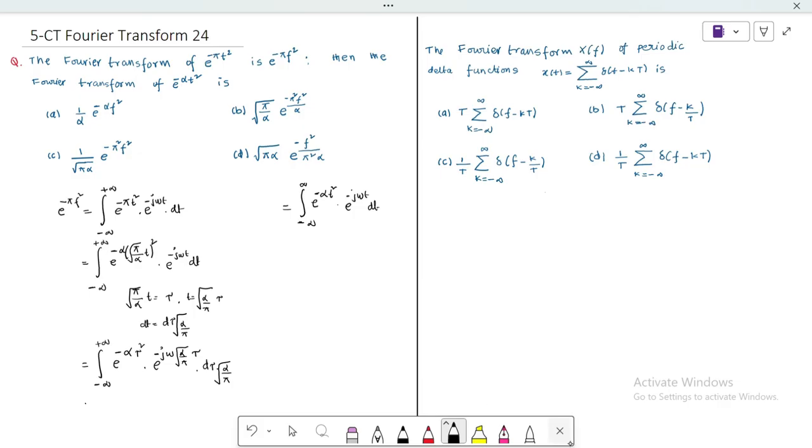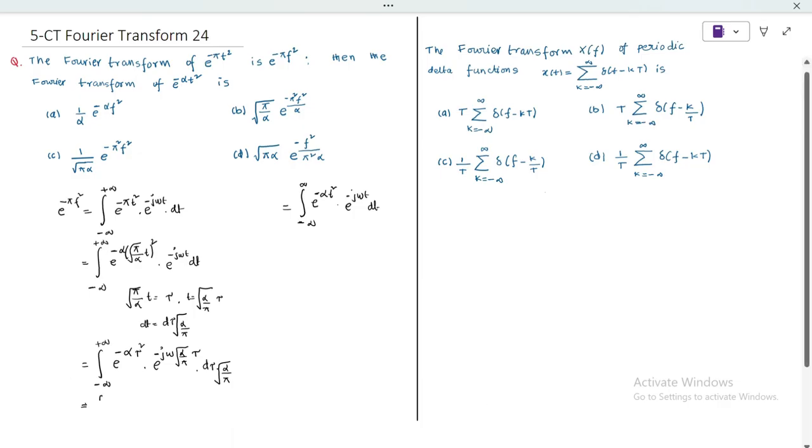Here I'm changing it to the integral of e power minus alpha tau square into e power j 2 pi f root alpha by pi into tau, into d tau, into root alpha by pi.